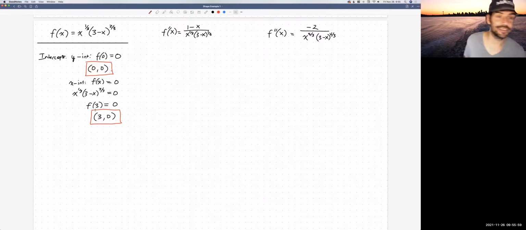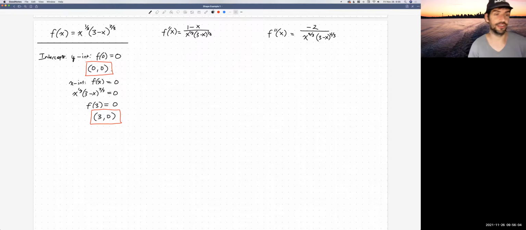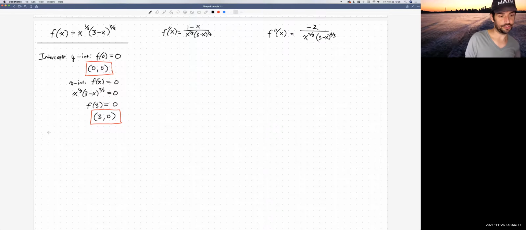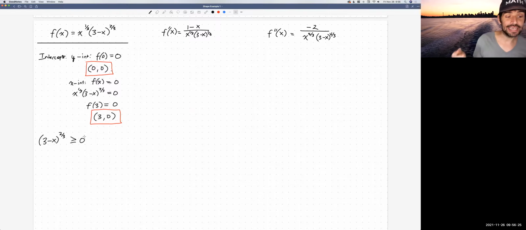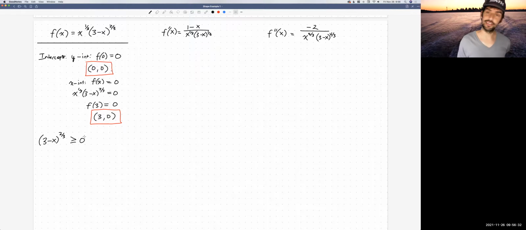What else can we get from the function? How about where is it positive and where is it negative, right? So let's look at these two factors. Notice 3 minus x to the 2/3 is always going to be greater than or equal to 0, right? Because it's got that squared power in it. If you put a negative number to the 2/3 power, you're either taking the cube root, getting a negative number and then squaring it, or squaring it and taking the cube root.